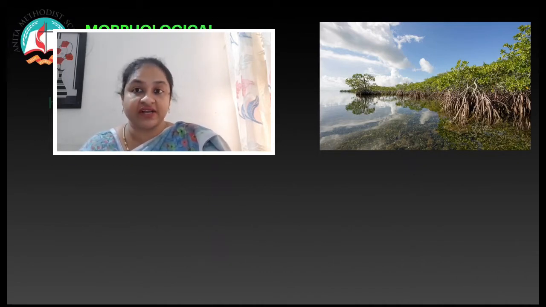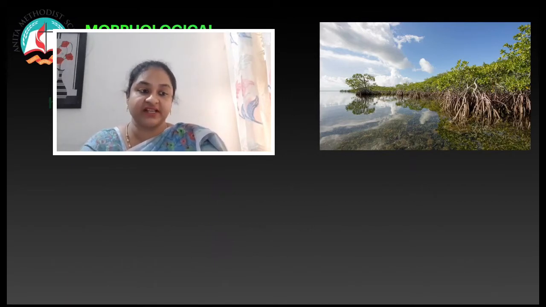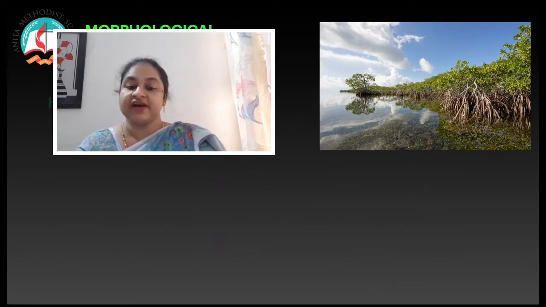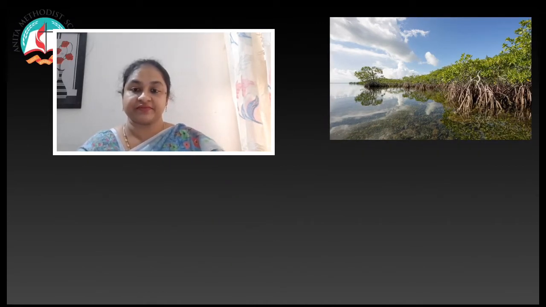So these are called breathing roots. An example for that is Avicennia. They have a thick cuticle on the aerial parts of the plant body, and the leaves in these plants are thick, entire, succulent, and glossy. These plants have the vivipary mode of seed germination.